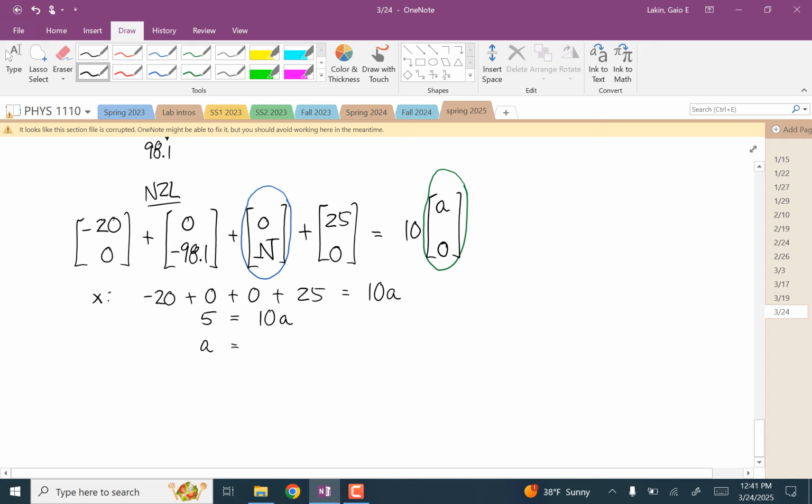So a is equal to positive 0.5, and that's units of meters per second squared. Well, now that we know the value of a, we can plug it back into the vector that we're looking for. And so that acceleration vector is 0.5, 0.